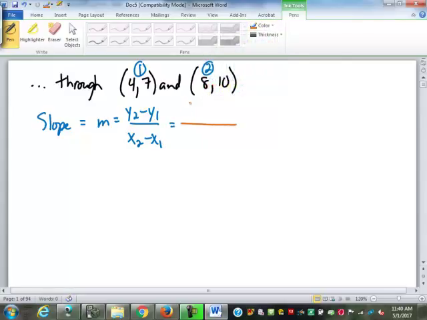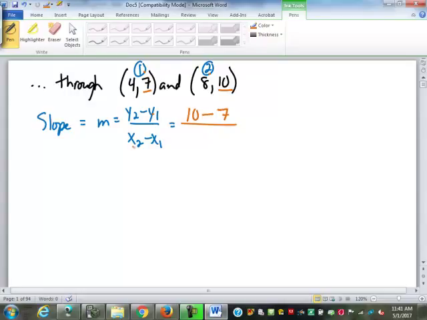What's y2 going to be? Point 2, y coordinate is 10. Then minus, what's y1 going to be? Point 1, y coordinate is 7.